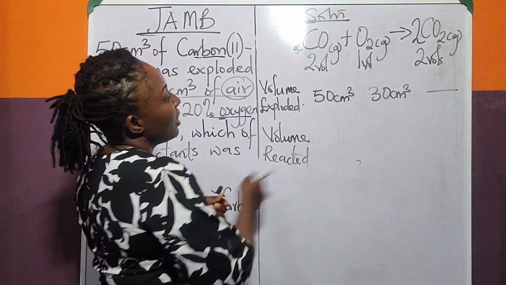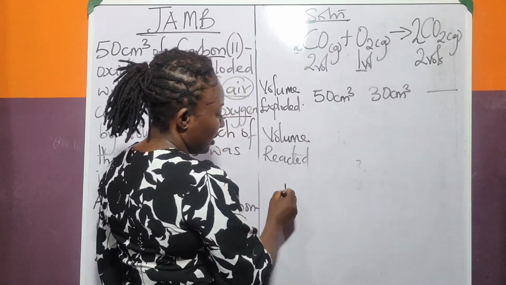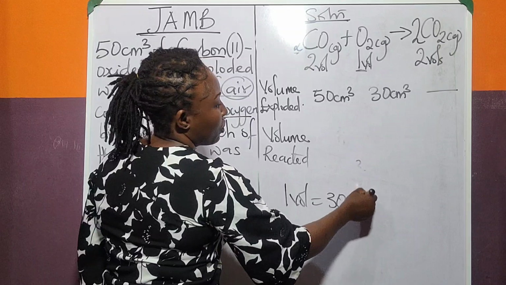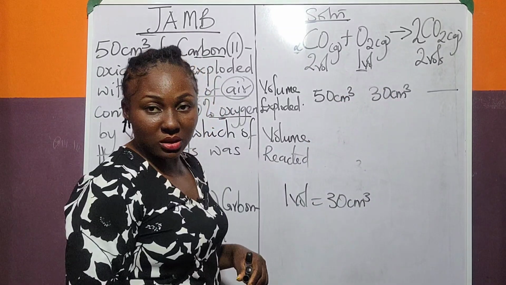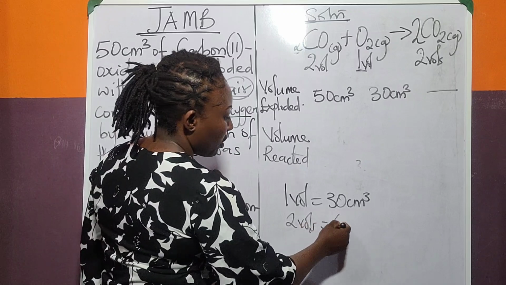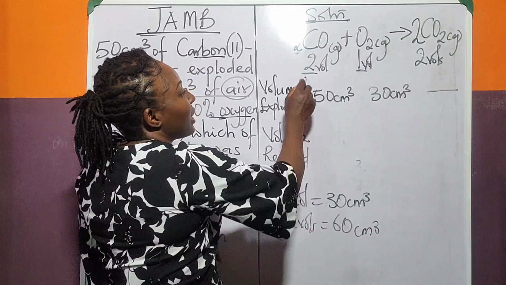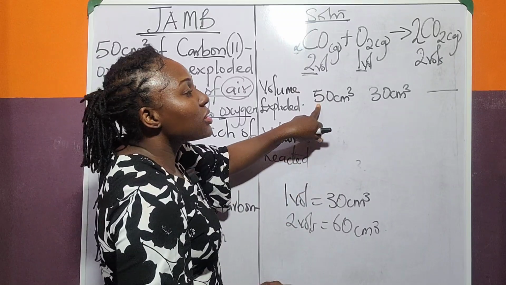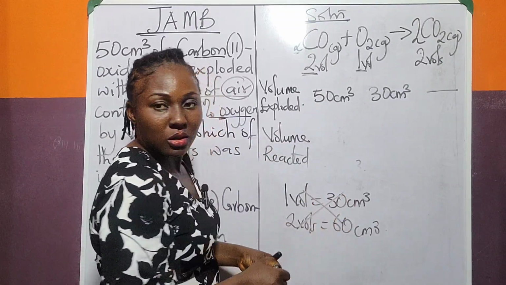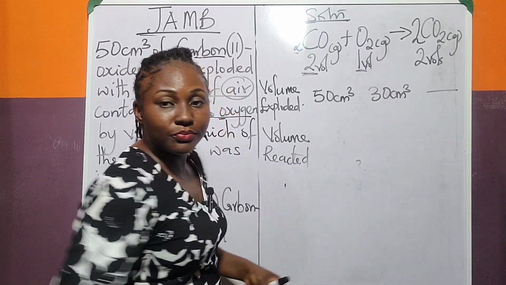So from here, oxygen is 1 volume, and if I say that 1 volume should be equal to 30 cm³, because I have 30 cm³ of oxygen, it means that 2 volumes will be 60 cm³. And here that I have 2 volumes, it's not even up to 60 cm³, so this will not work. I will check for another one.